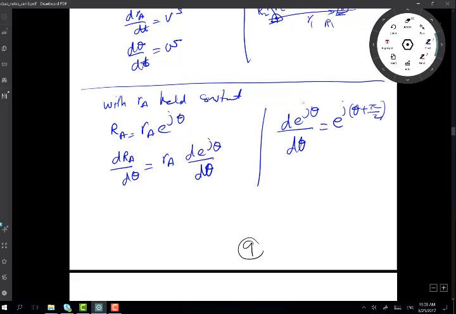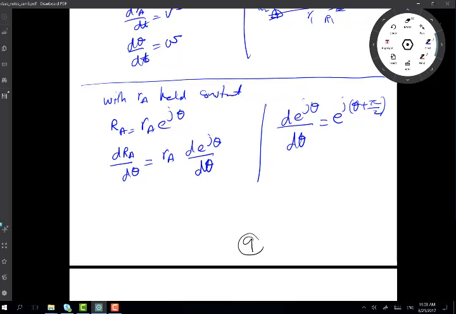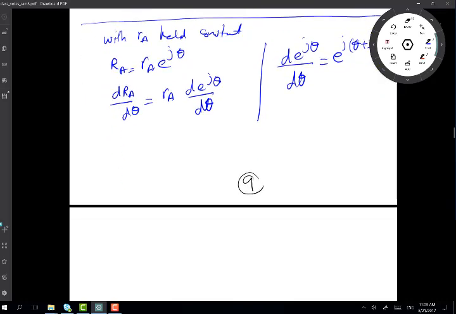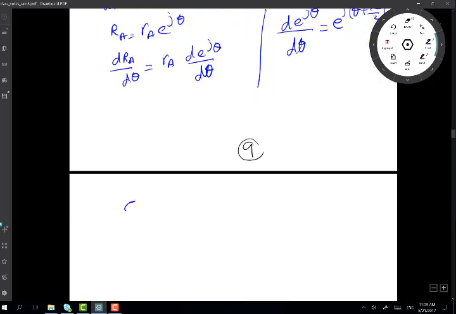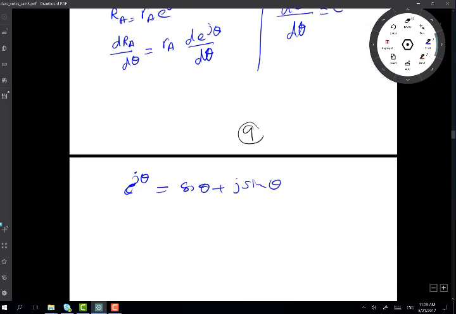I'm going to prove this in a second, but this is what you do. It's as simple as rotating the angle by 90 degrees, putting theta plus pi over 2 on top of the j instead of just theta. This is what happens when you differentiate the e^(j theta) term. Let's prove that. We can prove it by saying e^(j theta) is simply cosine theta plus j sine theta, correct?